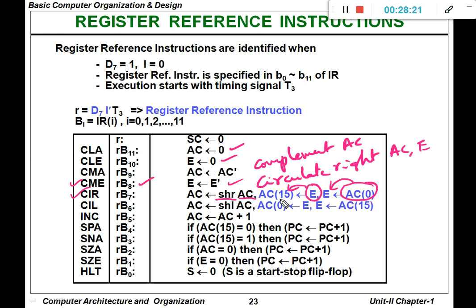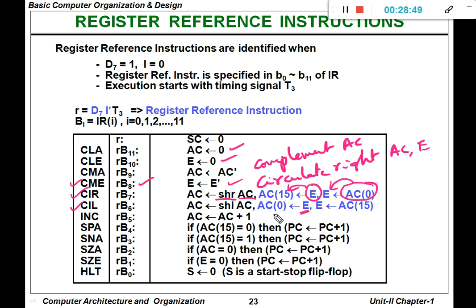Okay, so the expansion bit value will be moved to the accumulator 15th bit, and the accumulator 0 bit value will be moved to the expansion bit. So what is this operation? Circulate right the accumulator as well as the expansion bit. Similarly, CIL means circulate left the accumulator register and expansion bit. So for this purpose, how are we going to perform it?